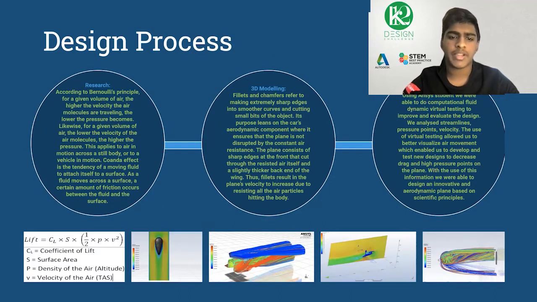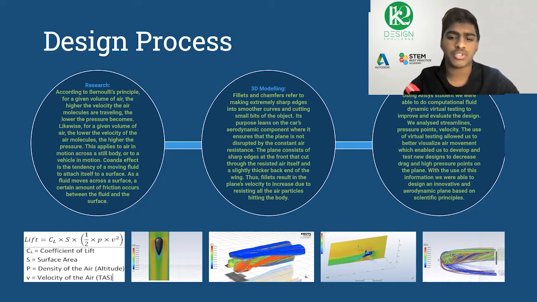The first step in our research process was to conduct significant research into the scientific principles that could impact the functionality of the product. For example, since we were designing a vehicle that would be in motion, we had to consider Bernoulli's principle, which states that for a given volume of air, the higher the velocity of the air molecules are traveling, the lower the pressure becomes. This was useful when trying to eliminate air pressure points on the car during simulations.